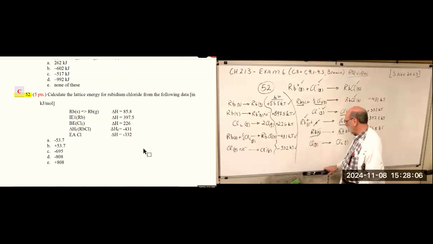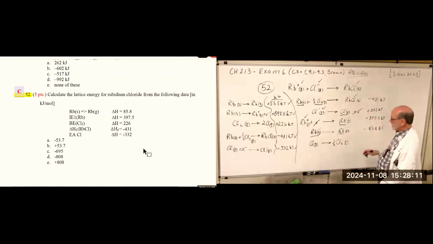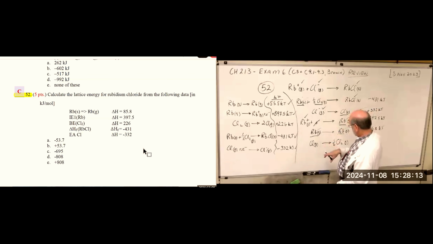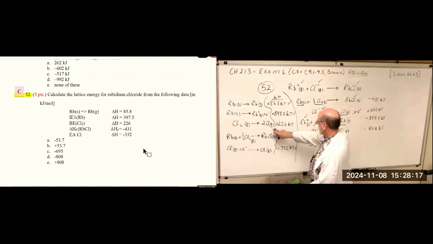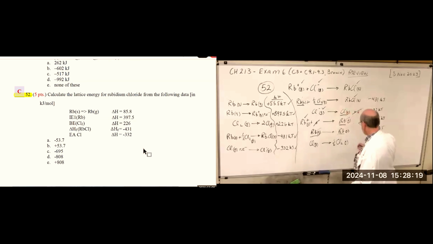So if we take half of the whole thing, and then since we flipped it, we change the sign. Let's see, where am I? Here? Yeah, here. Minus 226. But we took half of it, right, so we divide by 2. Change the sign and divide by the same divisor for this.